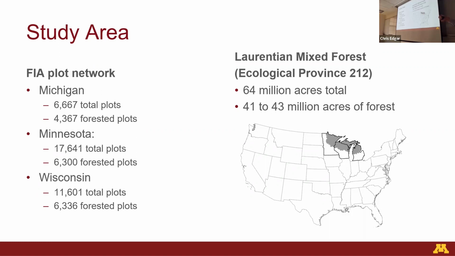We've got all that data. They're part of the broad network, and here's the number of plots and number of forested plots. Across the whole Laurentian Mixed Forest, we're talking about 64 acres of total area, and depending upon the year we look at, between 41 and 43 million acres of forest. So obviously a very heavily forested area in the northern tiers of Michigan, Minnesota, and Wisconsin.